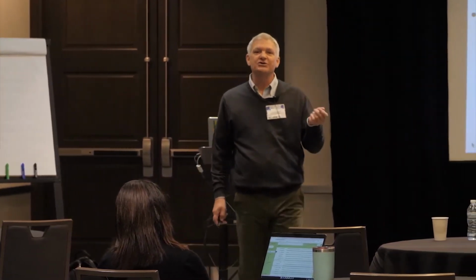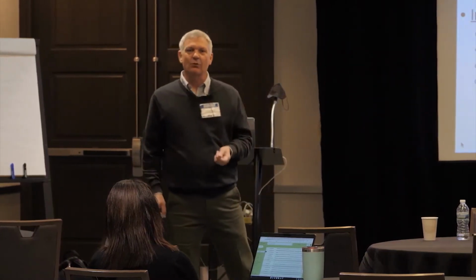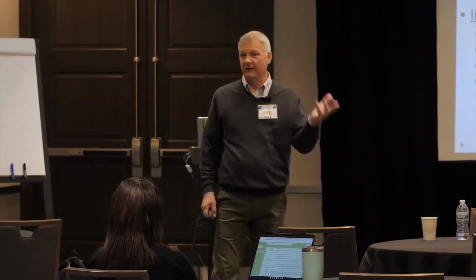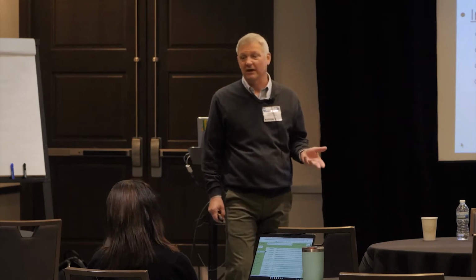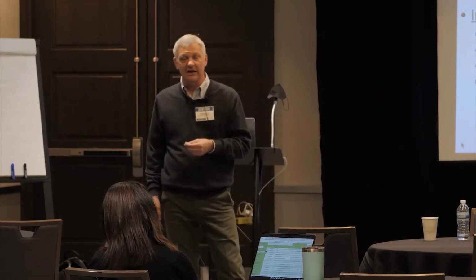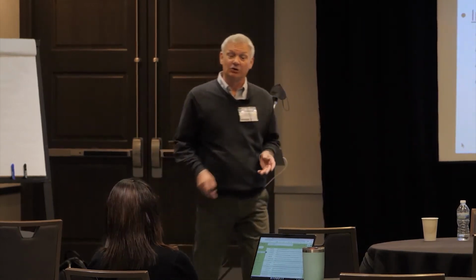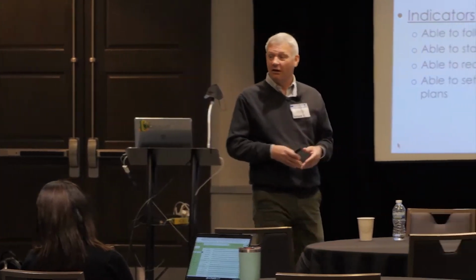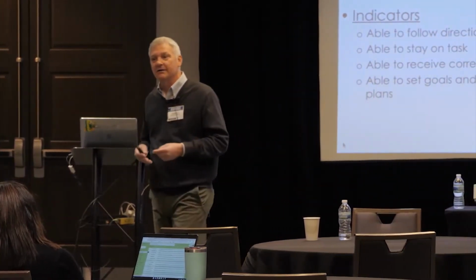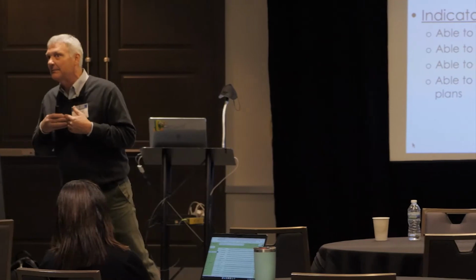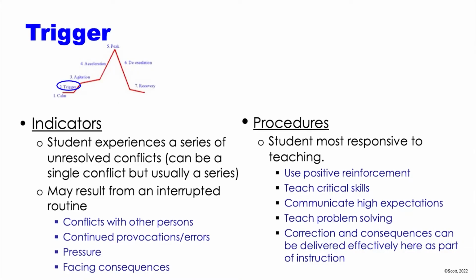Teach them, what would you do if? Think ahead. What are the things that are going to trigger them? What are the things that bother them? And teach them specifically how to handle those. More generically, we can talk about conflict resolution and controlling your emotions, anger control, those kinds of things. But all of that is instruction, and it happens at this phase.